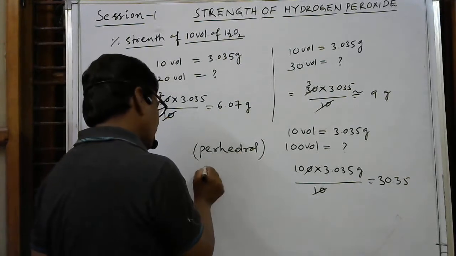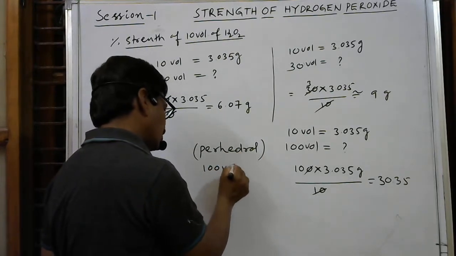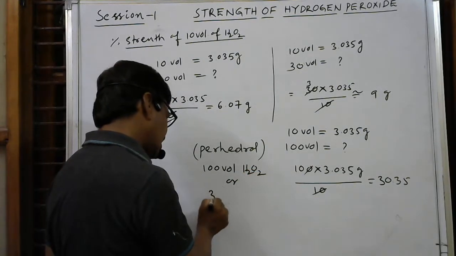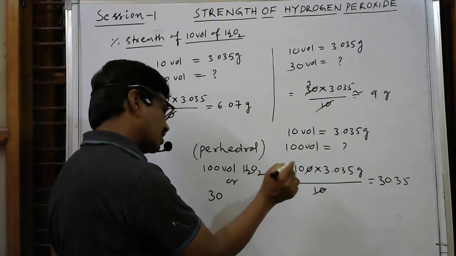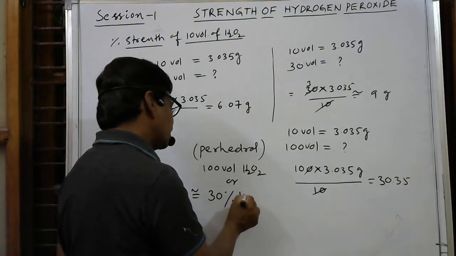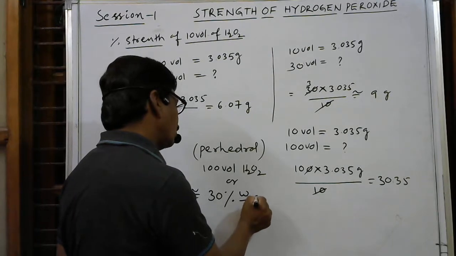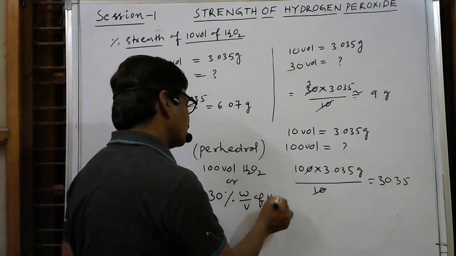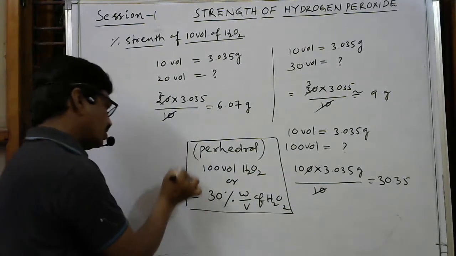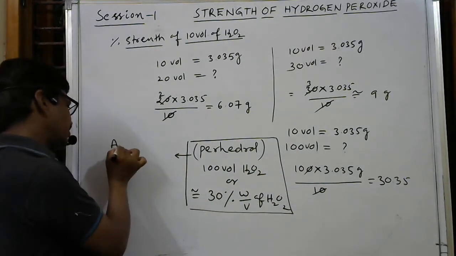One is 100 volumes. 100 volumes of H2O2 is called perhydrol. Or 30.35 exactly, otherwise approximately 30 percent W by V, weight by volume of hydrogen peroxide, is also called perhydrol.